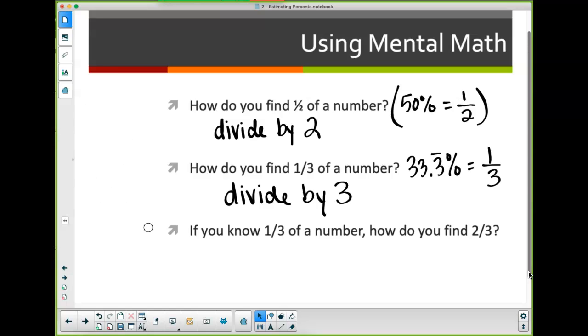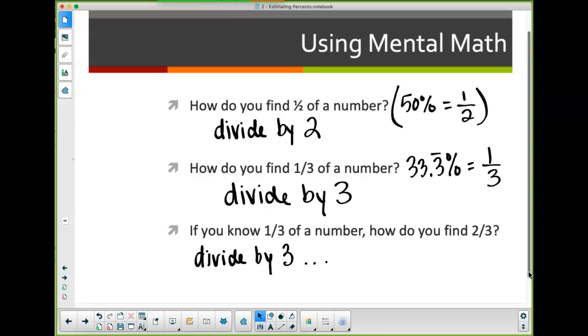Okay, so if I know 1/3 of a number, how do you think you might find 2/3? I know I can find 1/3 by divide by 3. After I divide by 3, how would I find 2/3 of a number? If I know 1/3, how do I get 2? Savannah, what do you think?